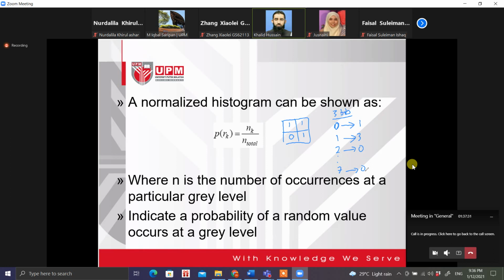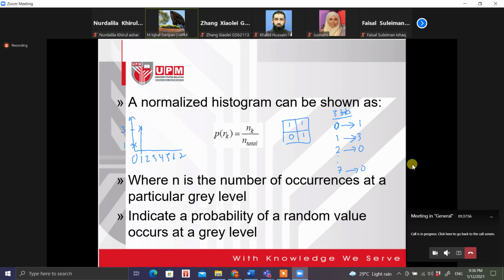So for a normal histogram, with 0, 1, 2, 3, 4, 5, 6, 7, we will plot 0 appearing 1 time here and 1 appearing 3 times. So this is a normal histogram.